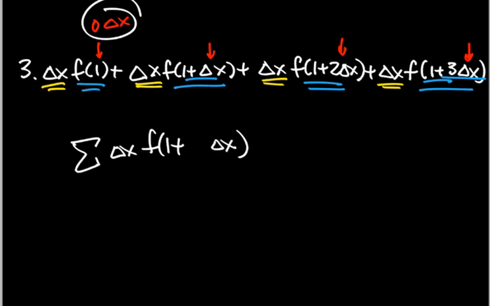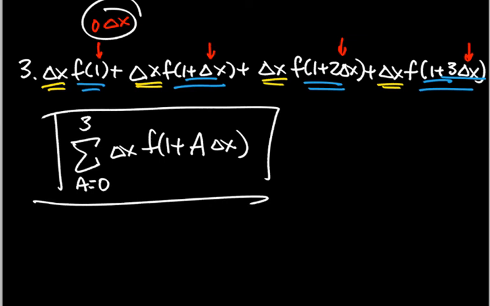So let's choose a variable to multiply this to a, because why not? So a is starting at where though? It's starting at 0. And then what's the last value for it? We got 3, so this is the summation that you would get from that. It looks kind of complicated and weird at first, but once you really think about it and just break that down, we got this thing right here.